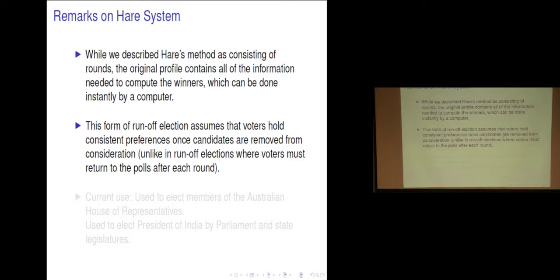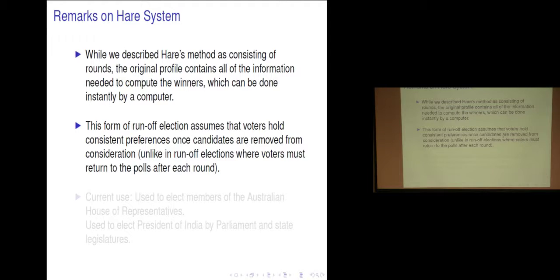But people would change their mind, possibly, because suppose originally B and C are similar, and if you remove C, then the people will vote for B. In many situations, if you remove some candidates, the people can change their mind and get a different order.